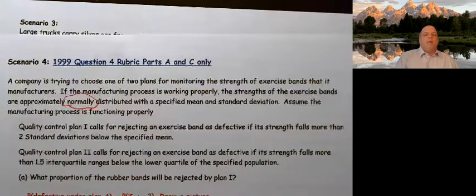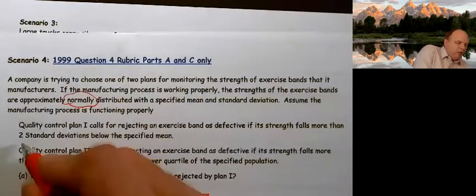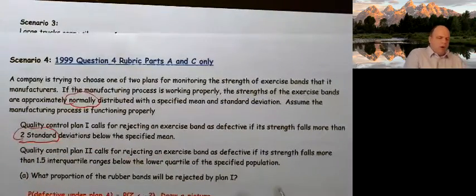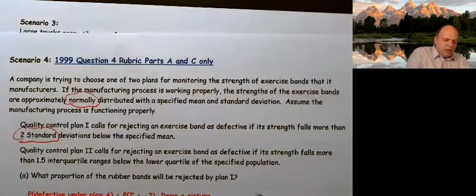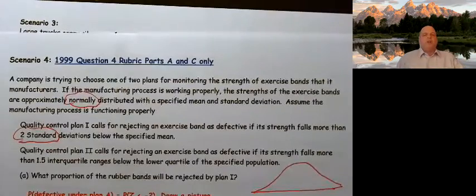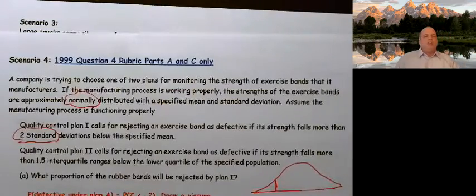So what proportion of the bands will be rejected by Plan 1? Well, Plan 1 was rejecting if it were 2 standard deviations below. So I'm thinking about this and I go, all right, what does that mean? Drawing my picture. And I noticed they didn't give me a mean.